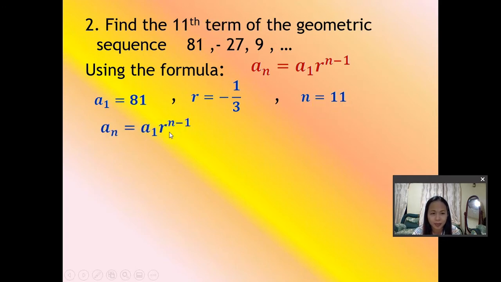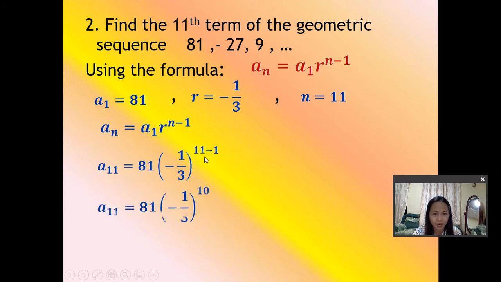Now applying the formula, the nth term is equal to the first term times the common ratio raised to the power of n minus 1. Substituting, a sub n will be a sub 11, or the 11th term, is equal to our first term, 81, times our r, negative 1/3, raised to n, which is 11, minus 1.